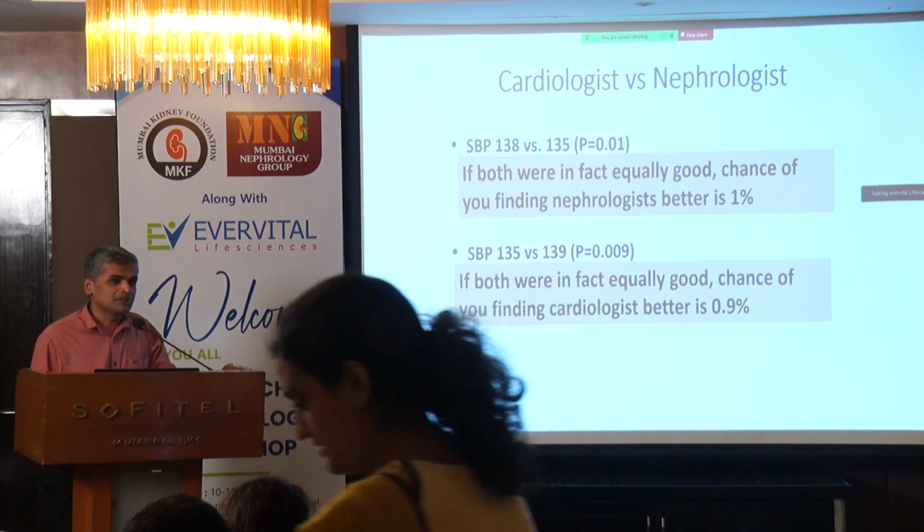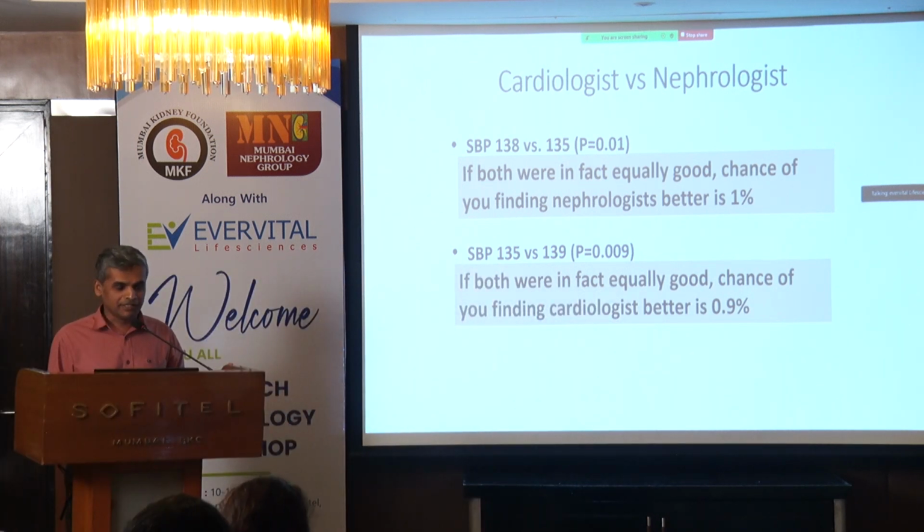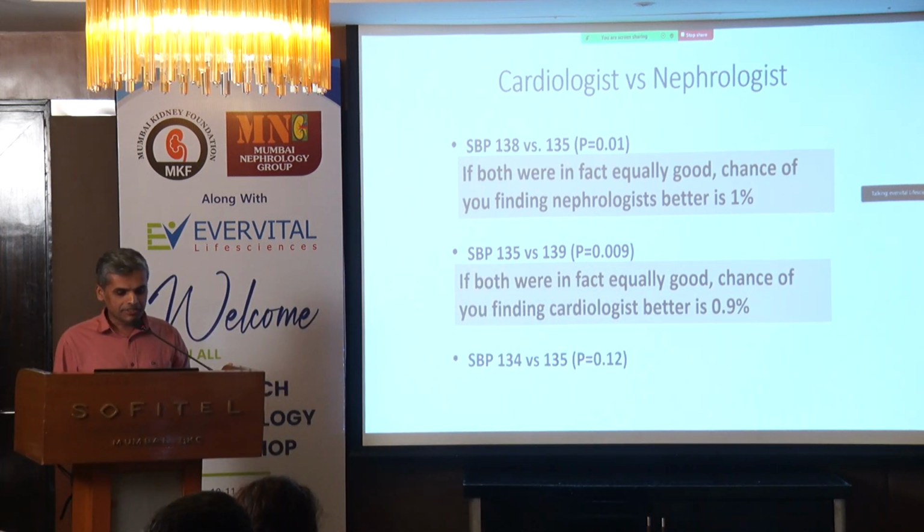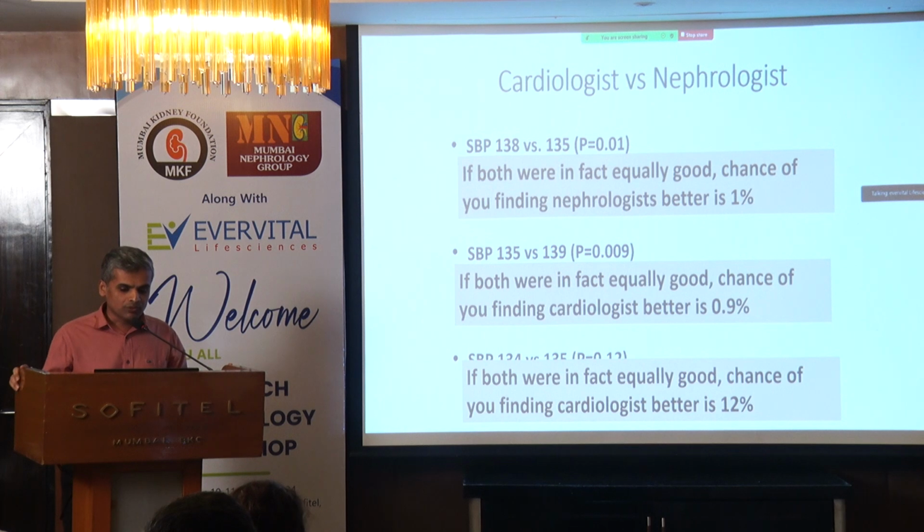Then nephrologists are not happy. They say we will conduct an independent trial, and here there is no difference. The p-value is 0.12. If both were in fact equally good, the chance of you finding cardiologists better was 12%. That is a very high chance, and we do not reject the null hypothesis here.